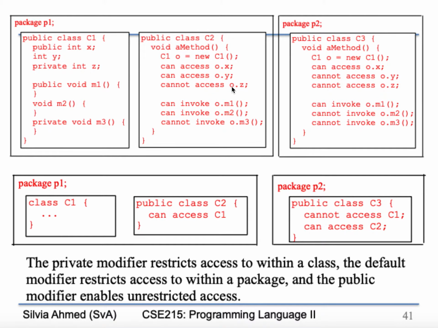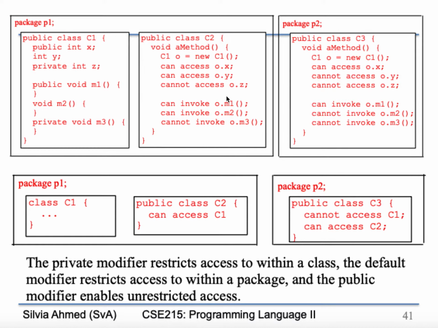But if we want to access O.z, Z was private, so we cannot access Z outside of the C1 class. Since C2 is a different class outside of C1, we cannot access O.z from the C2 class.